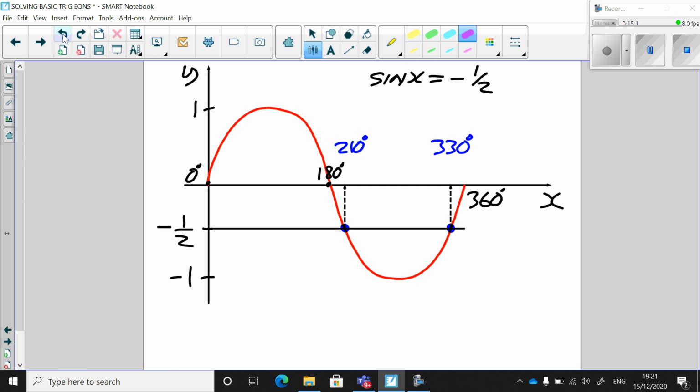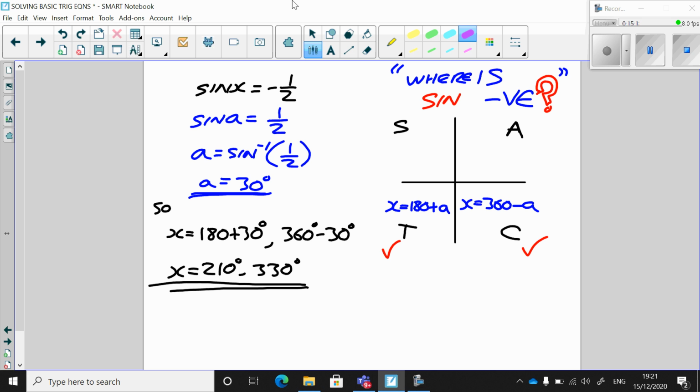And I'm just showing you the question was, where does sine x equal negative a half? So take the graph of sine x and go for height negative half. You can think of height being depth.